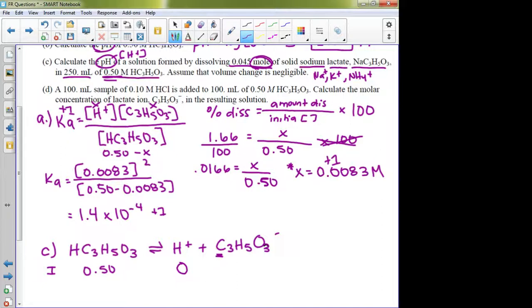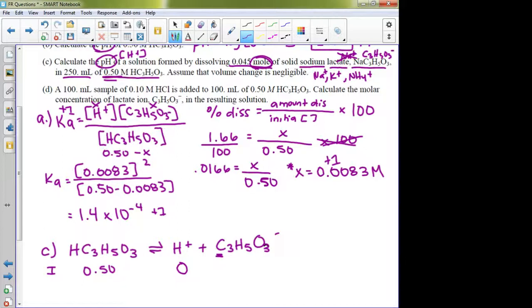Soluble. Which means when we put it in solution, it automatically does what? Dissociates and dissolves. So this is going to dissociate into Na positive and C3H5O3 negative. Do I care about the Na positive? Nope. Don't care about it at all.